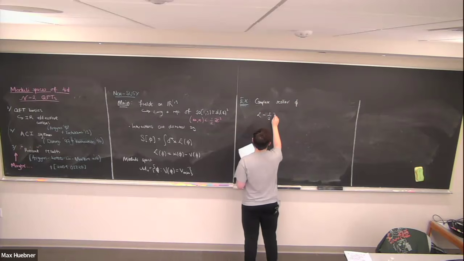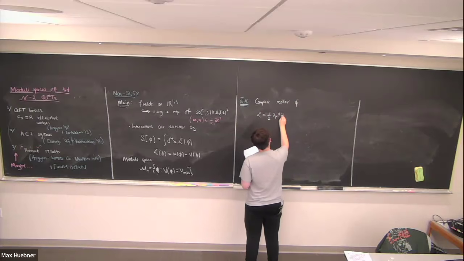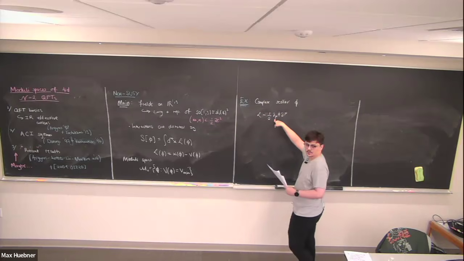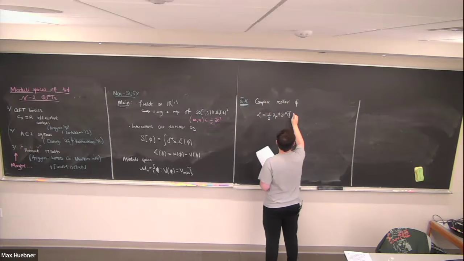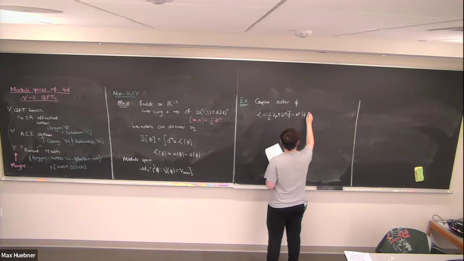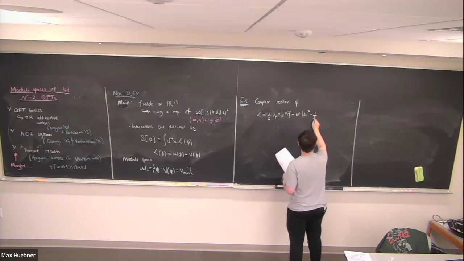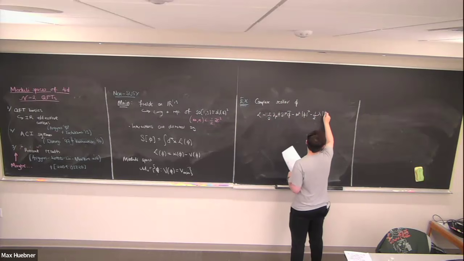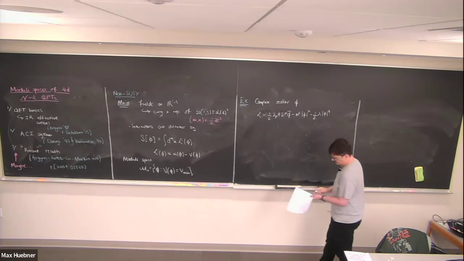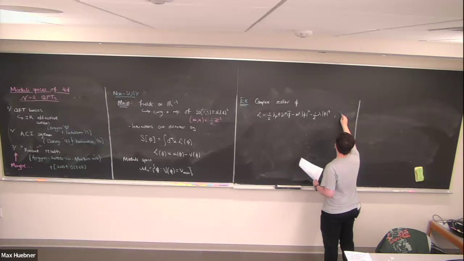I have the kinetic terms, where this is just a space-time derivative, and then minus m squared times the norm squared, minus 1/2 lambda times the norm to the 4. And I'll take lambda to be greater than 0.